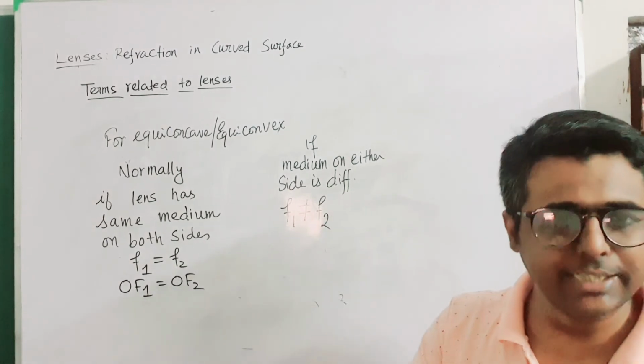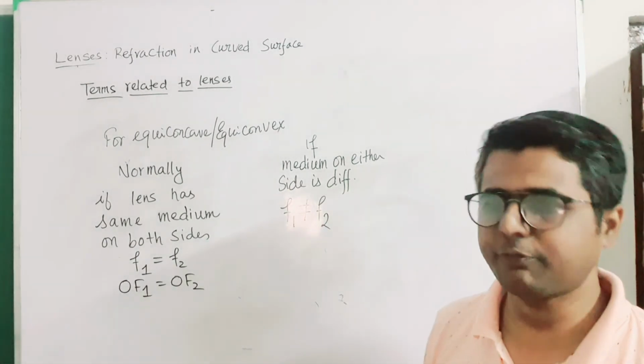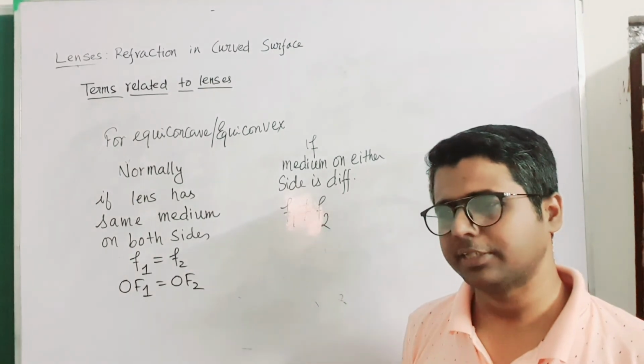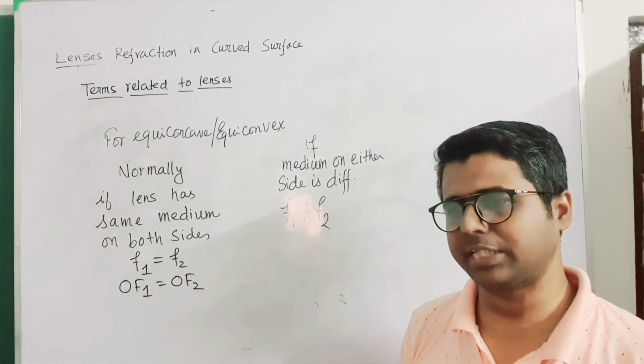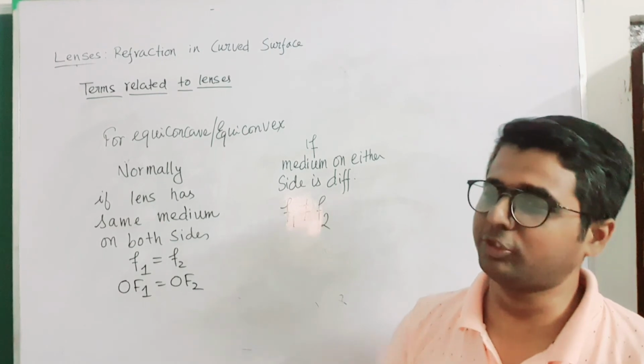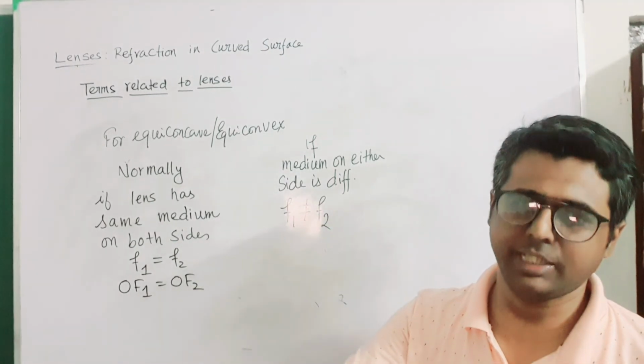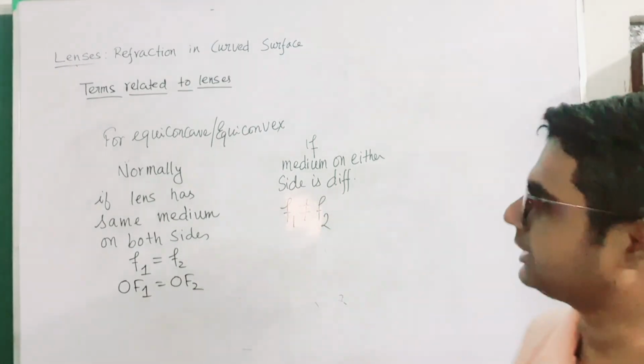It is meeting at that point due to refraction. Refraction happens due to refractive index. If the medium changes, the refractive index will change, and then it will not meet at the point where it used to meet. So let us take an example.